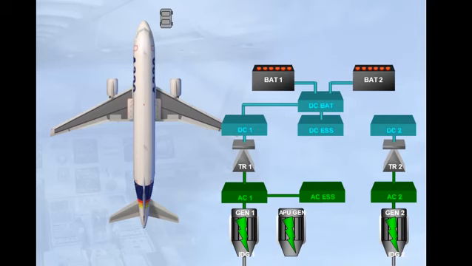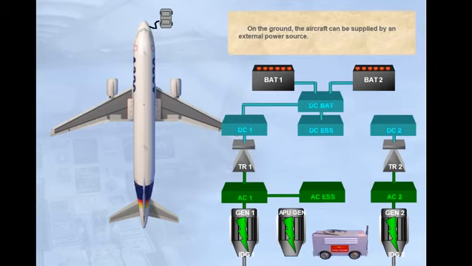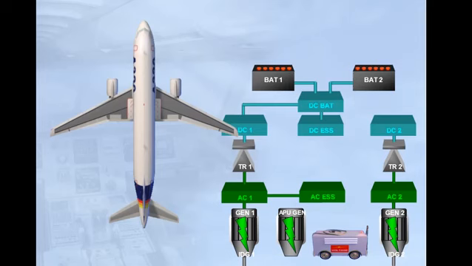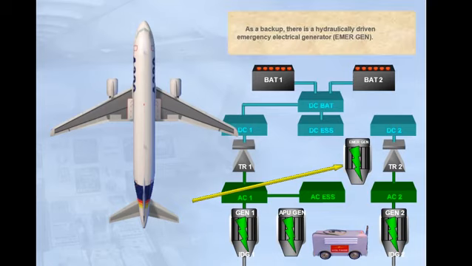On the ground, the aircraft can be supplied by an external power source. As a backup, there is a hydraulically driven emergency electrical generator, Emergen.